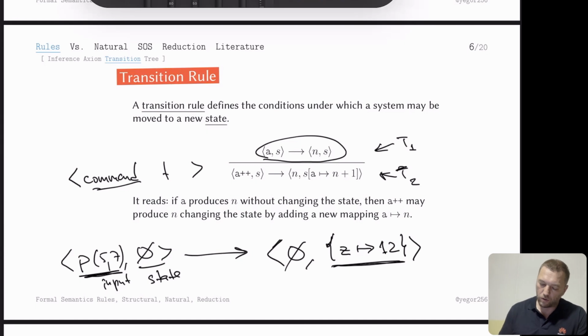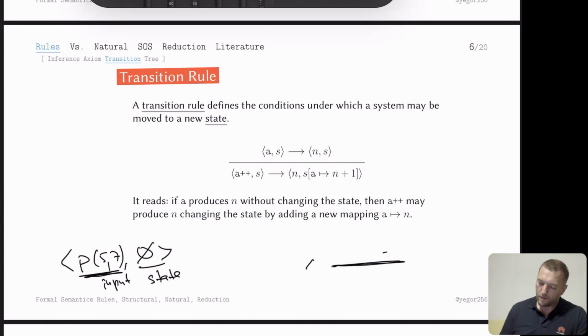Let's read the rule which is here on the screen in front of you. Let's read what it says.